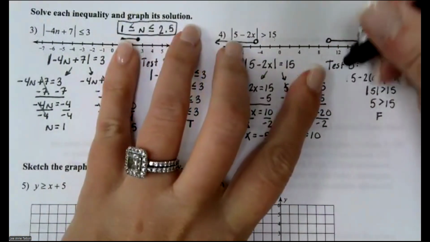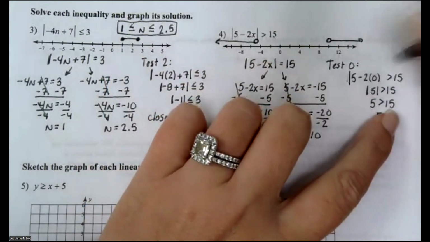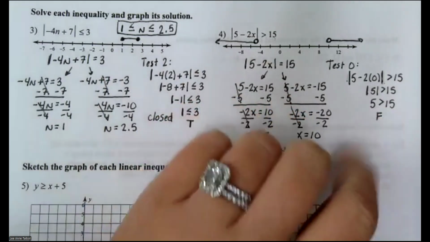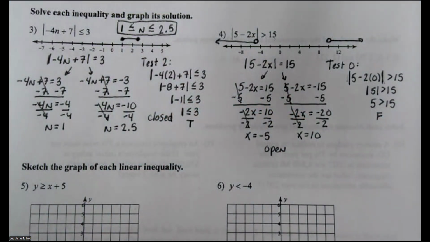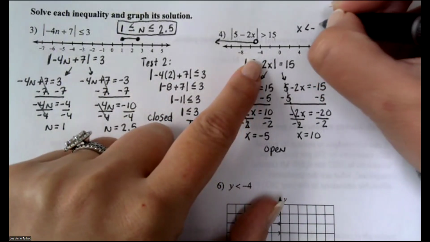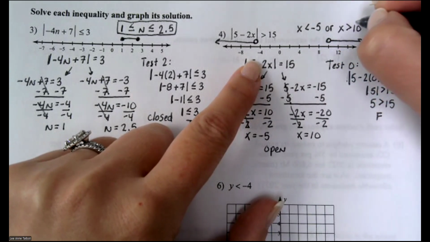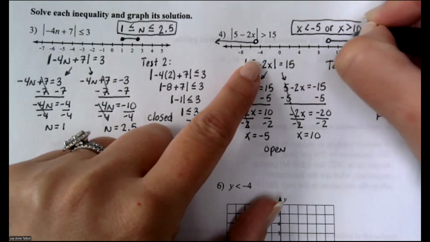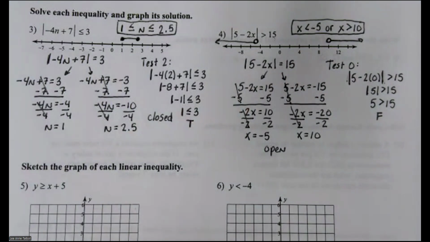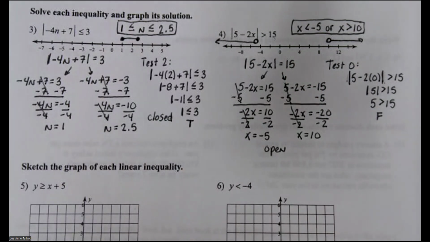Okay, so I have x is less than -5 or x is greater than 10. So if it's false, the arrows go out and you have an or statement. And if it's true, it connects and you have a compound inequality.